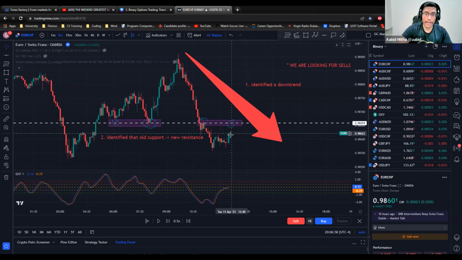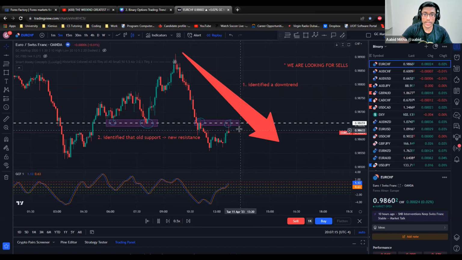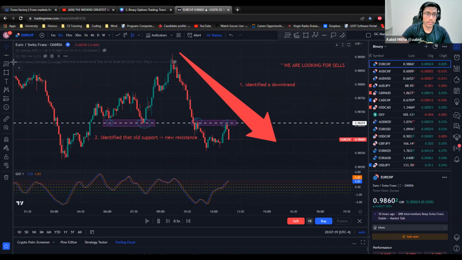Now, again, this is not always going to happen, but what we can potentially predict is that the next time the price hits this level, it's going to bounce back down. And if we play this out, again, this is a few hours, 8 hours ago, we can see the price kind of hit this level and drop back down.